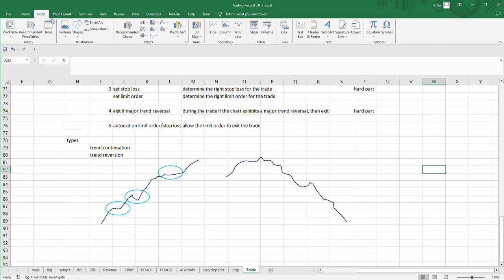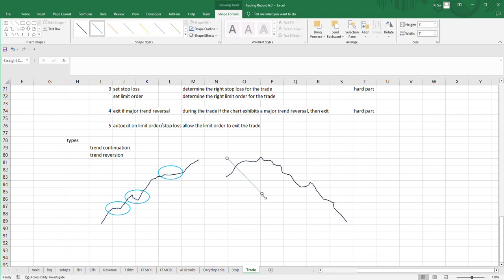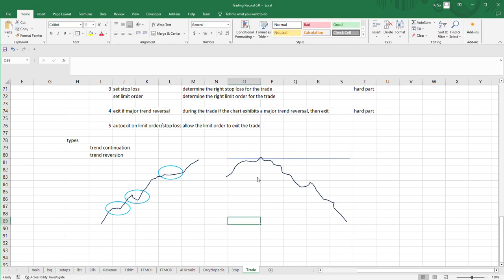So just to cover the bases, if something is here like that, and then if I were to duplicate it and put it here, it's going to be range bound.